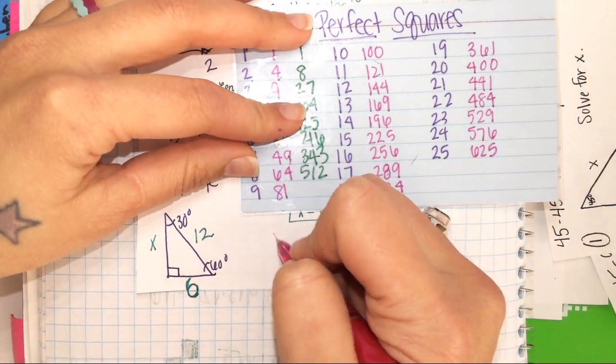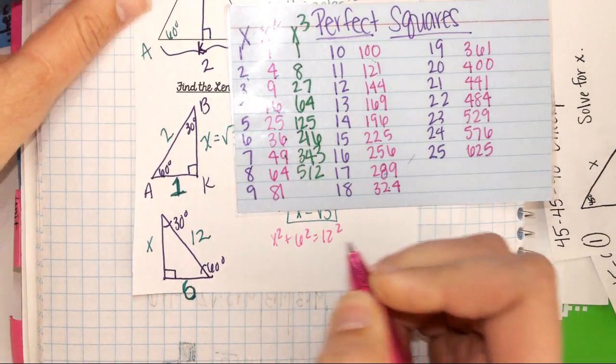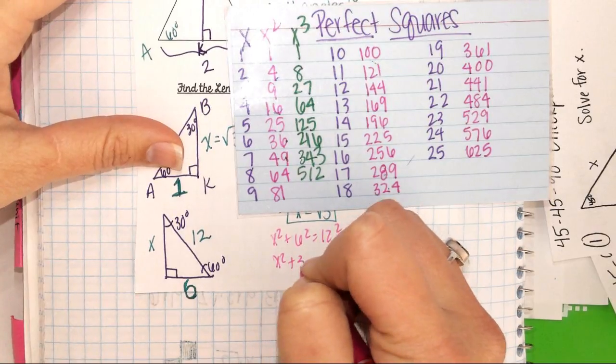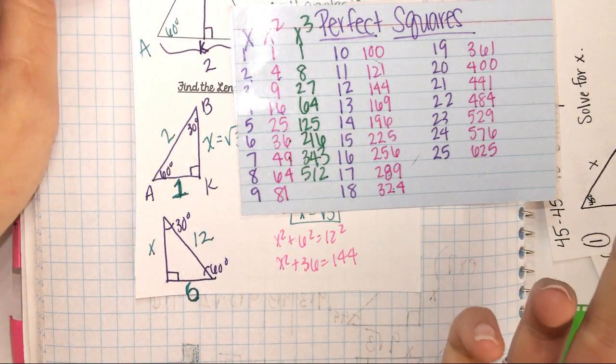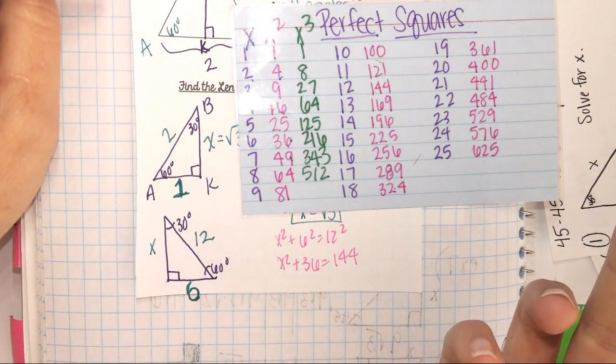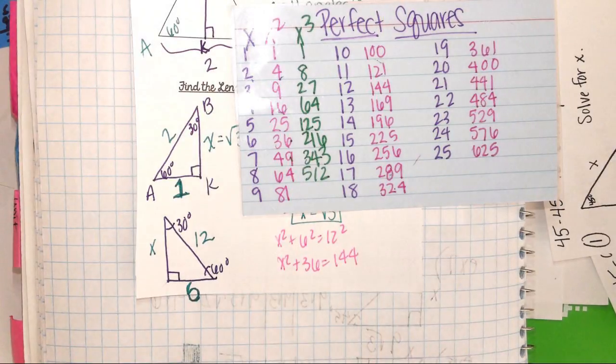Yeah, honey, you get x squared plus 6 squared equals 12 squared, right? So that's x squared plus 36 equals 144. I'm putting 36 because she wanted the card so that she could divide her biggest perfect square into whatever number she got.